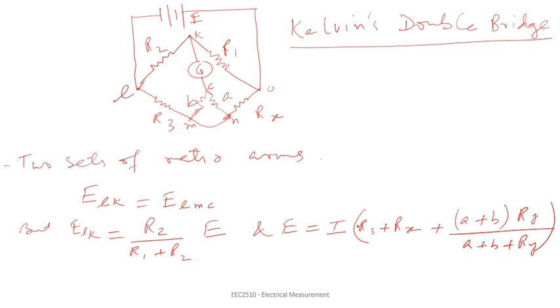This I can be thought of as the overall current which this battery will supply. You can easily obtain this expression of the voltage in terms of the current and the different resistances just by applying KVL.